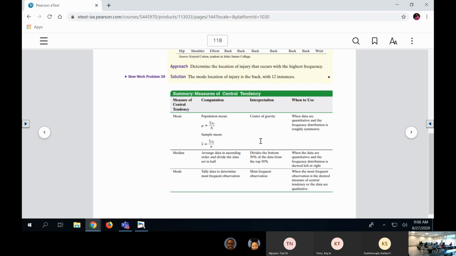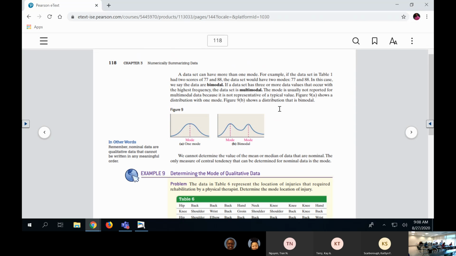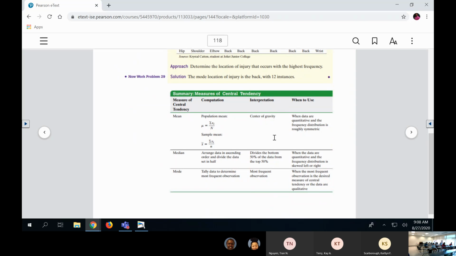Here's just a summary of what we talked about. This is page 118, summary of, what section is this? 3 point what? Is this 3.1? This is a summary of 3.1 right here.